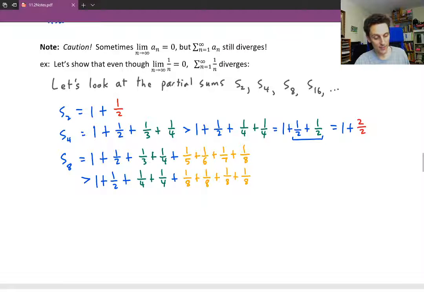Now notice we had to have 4 more terms, right? This is why we're going to double the partial sum that we're looking at, because our denominator is going to double, and so we need 4 of these terms to make the top have a 4, and then 4/8 simplifies down to a half.